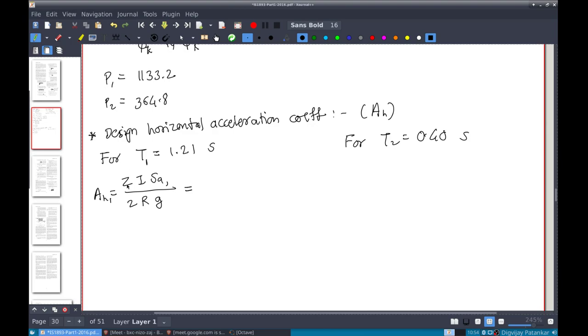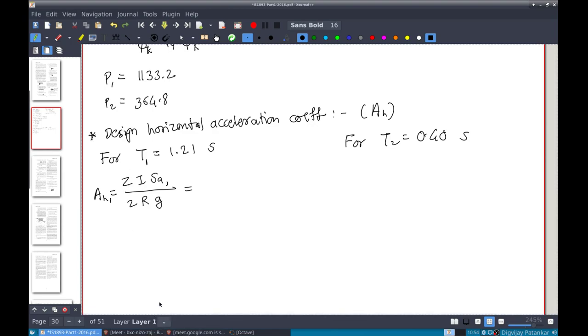Z is zone factor. So what is the zone? How will you find out the zone? So 4. Zone 4, because the location is given as Roorkee.